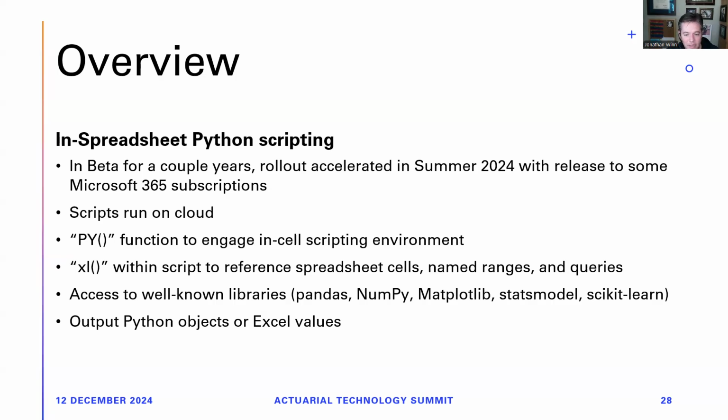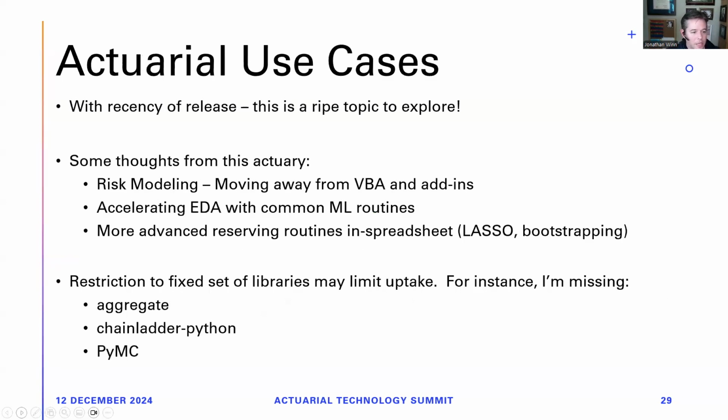That being said, these are pretty expansive. You can do quite a lot with it. And then once that Python script runs, you can output the results into Excel, whether it be an array, a number, or like a Python chart. Let's see.